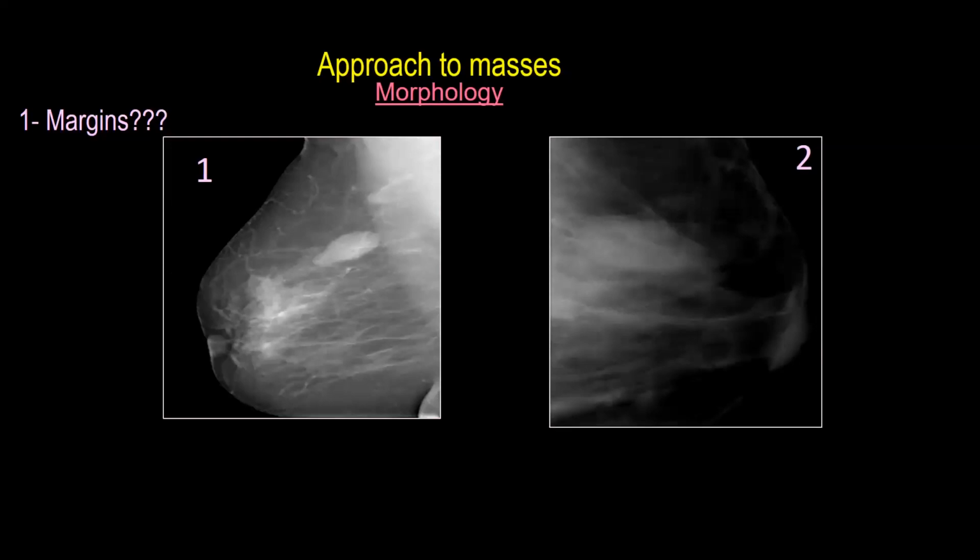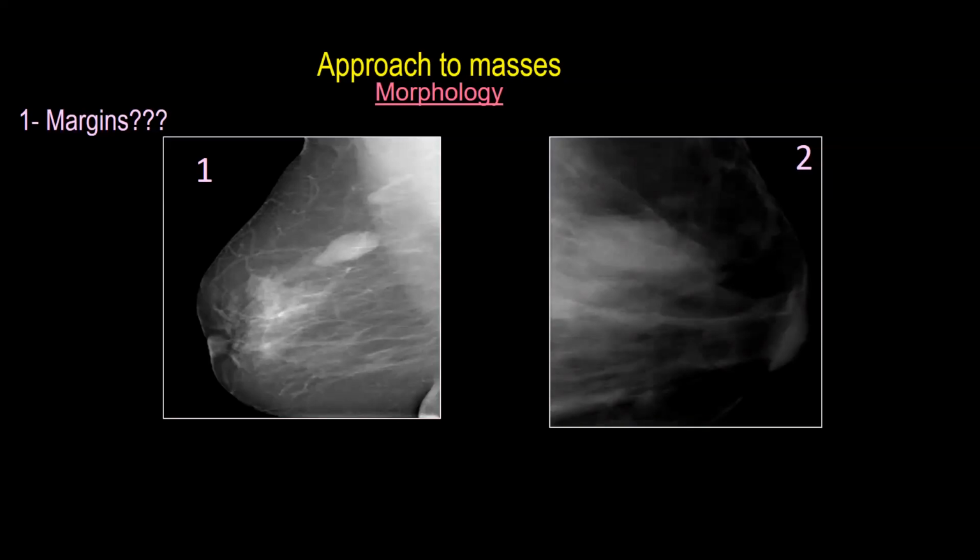Margins. I want to take many examples considering these descriptors. The important descriptors are margin, density, and shape. The location and size we are going to discuss, and associated features will be discussed further in another lecture.